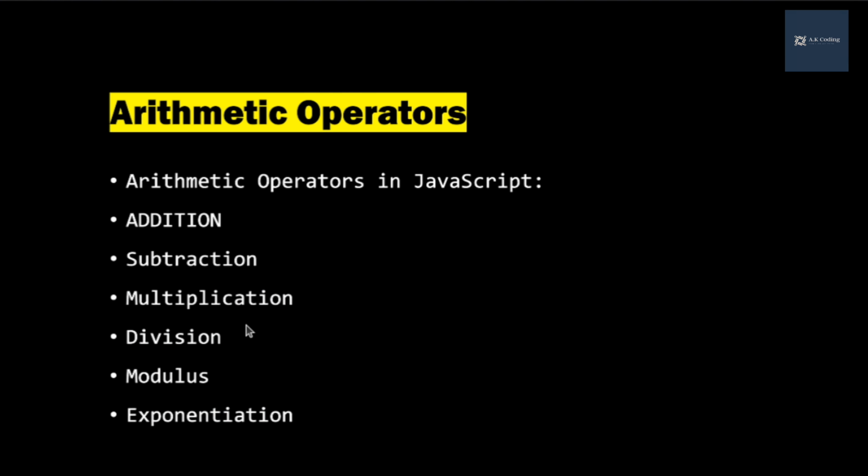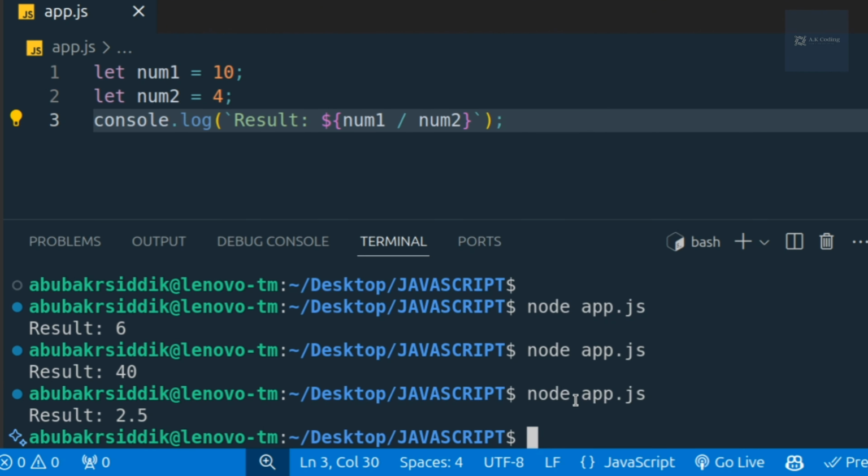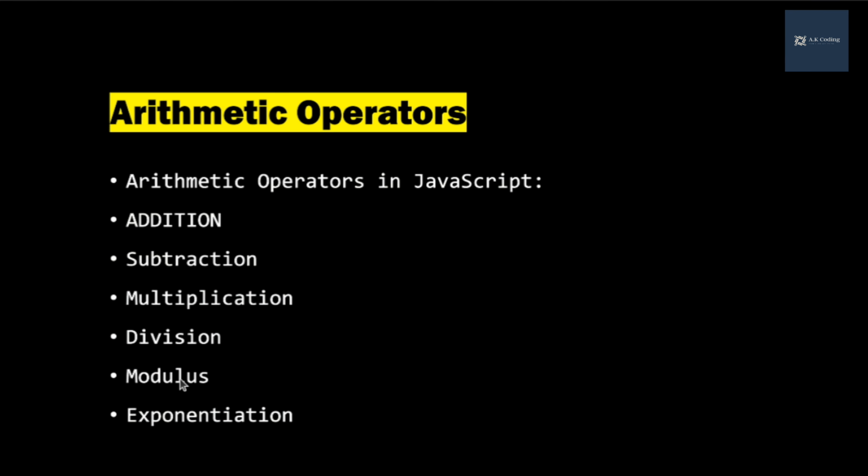And the next one is division. So we are going to divide 10 by 4, and the result is 2.5. And as you can see, the actual number is coming. So the next one is modulus.